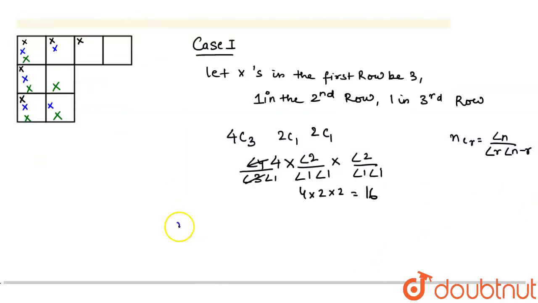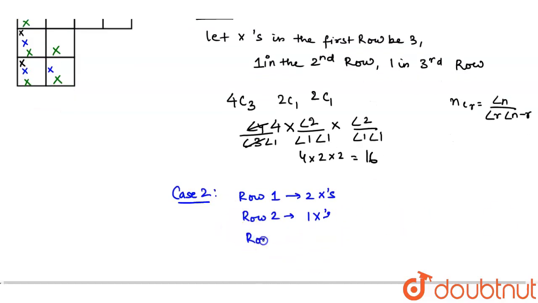So my case 2 is what? In row 1 there are 2 x's. Correct? And in the second row, I told you that you can go vice versa between the second and third row, but I am using only one assumption over here. So in row 2 there is 1 x, and in row 3 there are 2 x's.